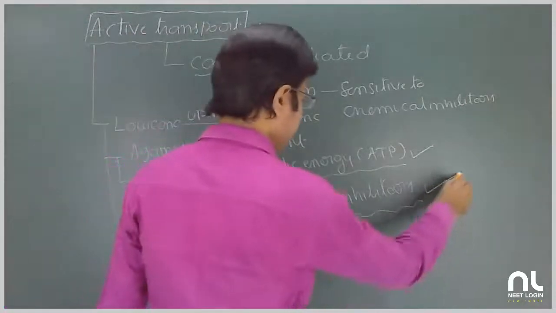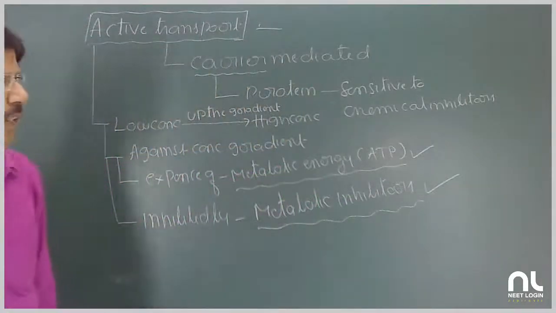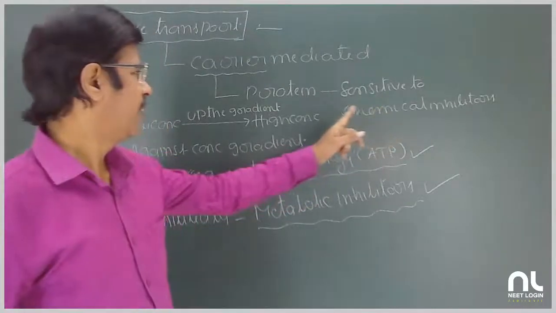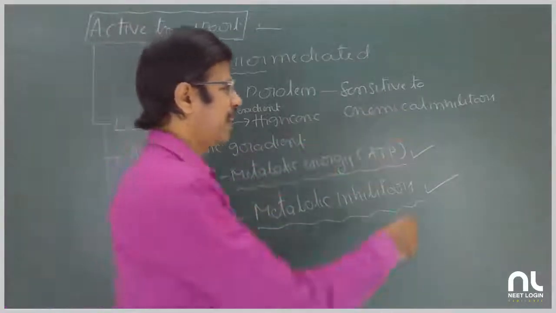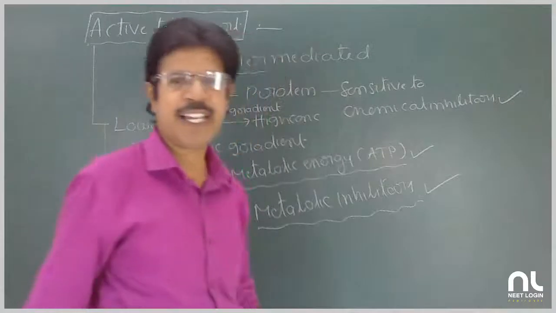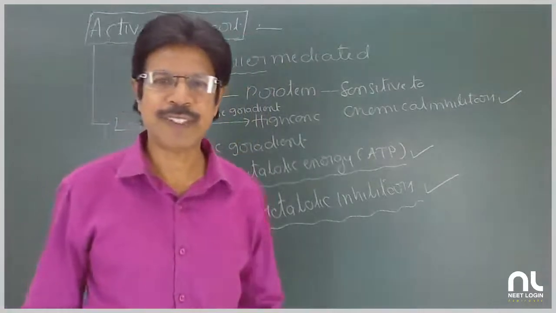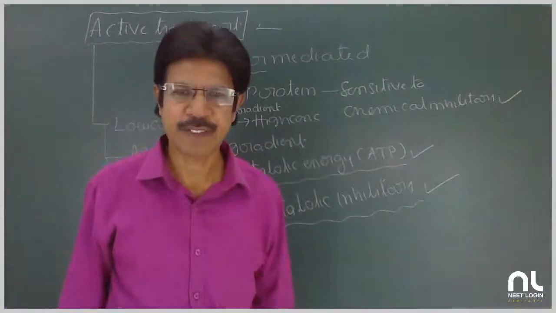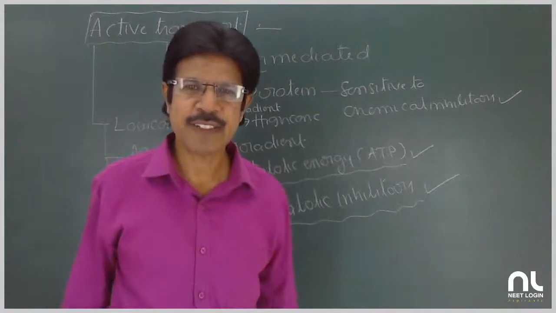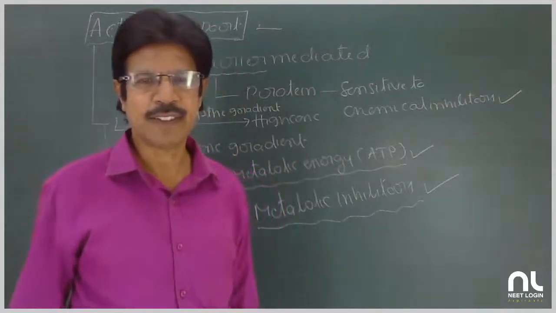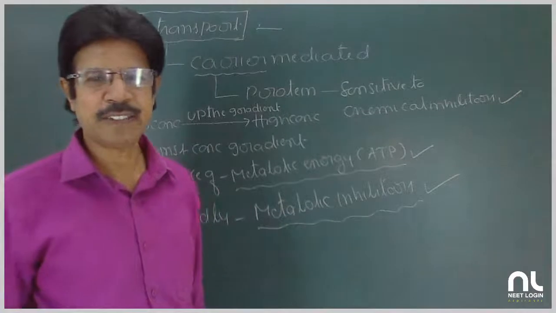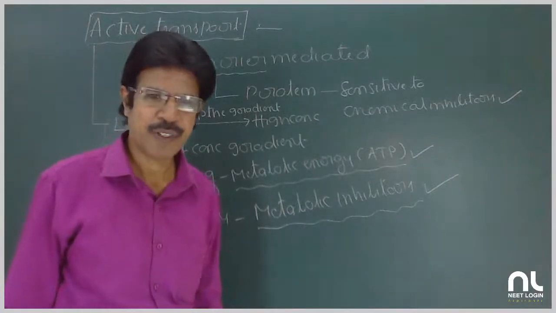It is right. Active transport is also inhibited by chemical inhibitors, it is also right because a carrier is involved. So it is sensitive to inhibitors, and as metabolic energy is involved, it is inhibited by metabolic inhibitors.